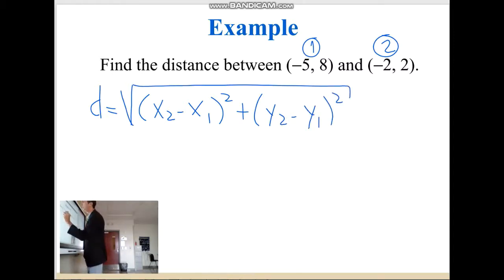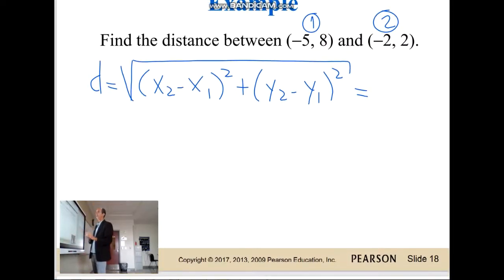What you're going to do here is just plug in the numbers. If this is point 1, this is x1, this is y1. And this is point 2, this is x2, this is y2. Okay?